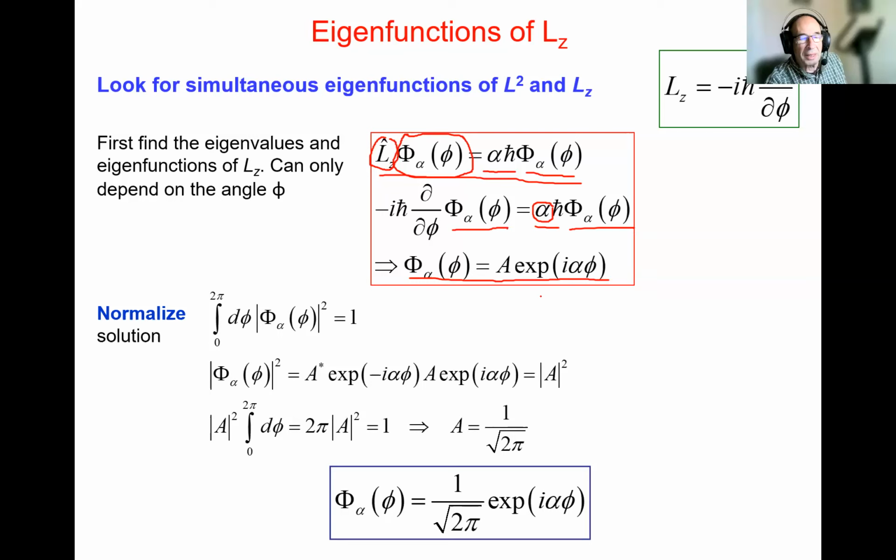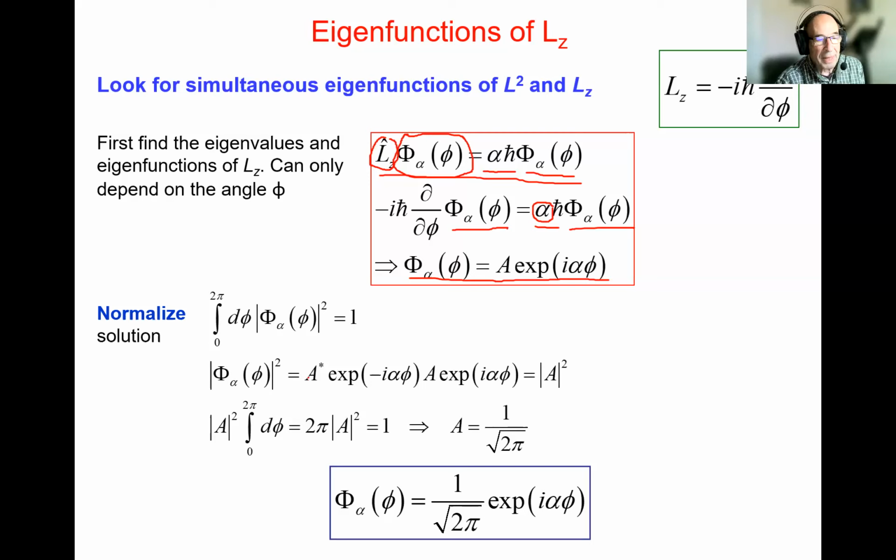When you act with this derivative on this wave function, you get some coefficient in front and your exponent, because when you take a derivative of an exponent, you get an exponent again. So this is simple, and we know the shape of this wave function: it should be exponential.